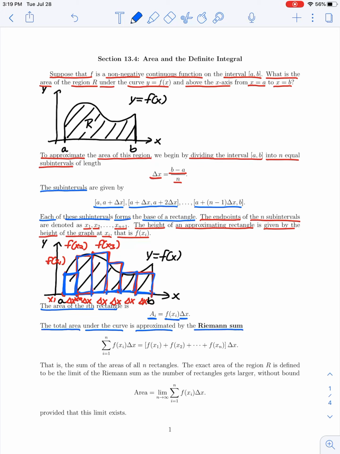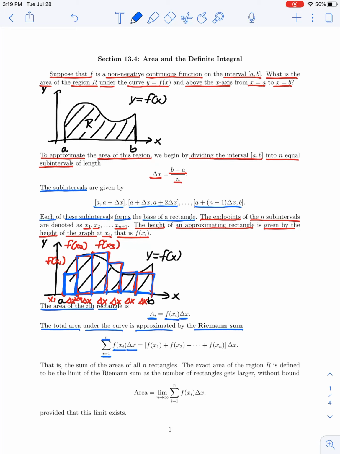So this is the sum of the areas of our rectangles, which were given by f of x sub i times delta x, and then we're adding up the area of each of those rectangles, starting with our first rectangle up through the nth rectangle.